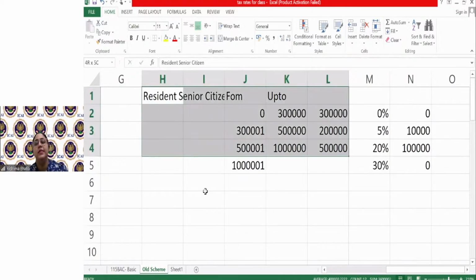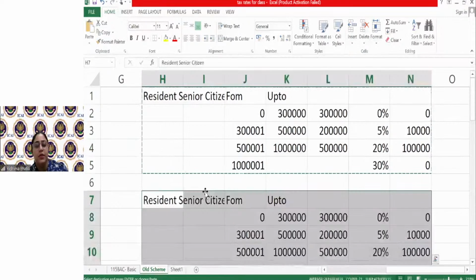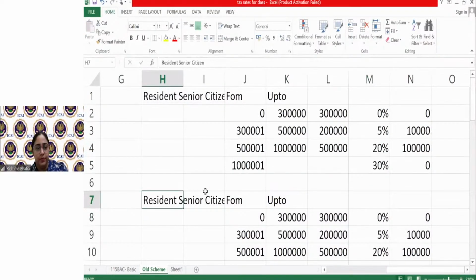So what about a resident super senior citizen? Now there is one more concept, which is called resident super senior citizen. Super senior means more than a very senior, not just senior, a super senior citizen.